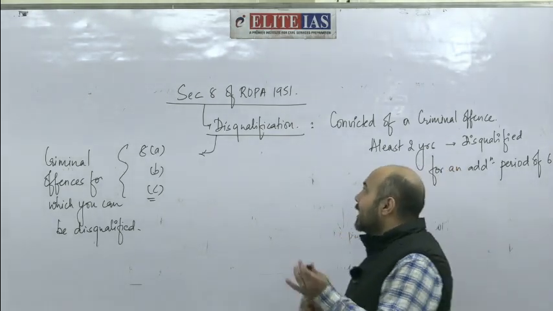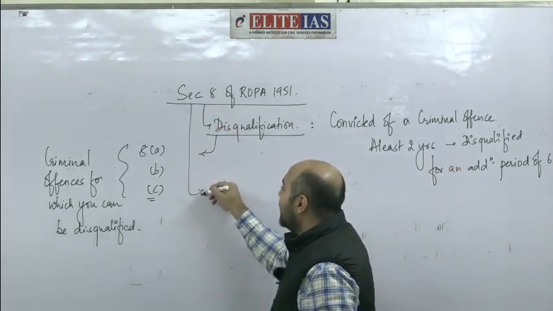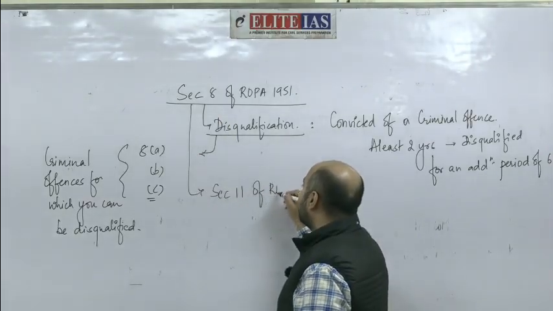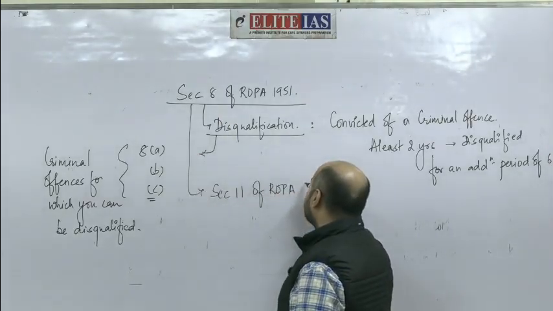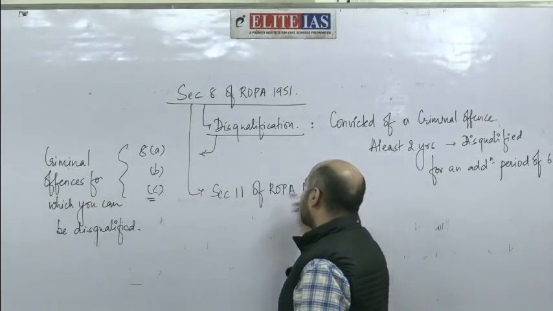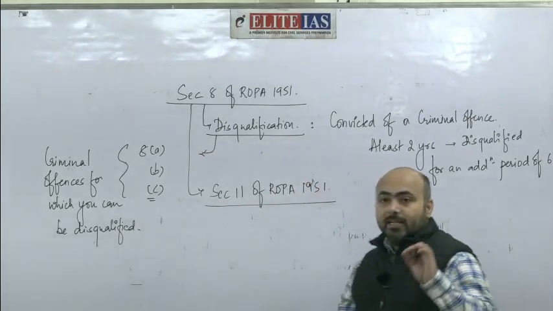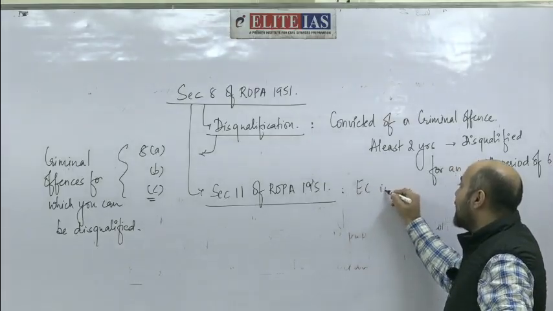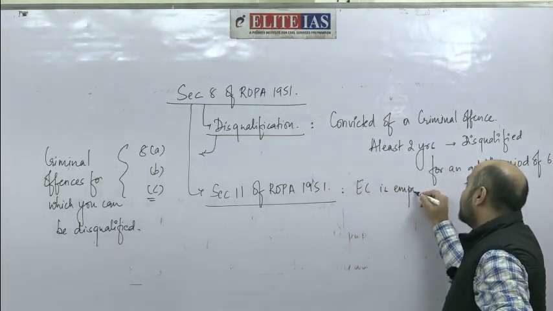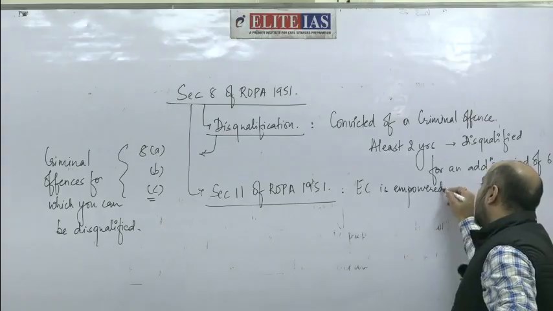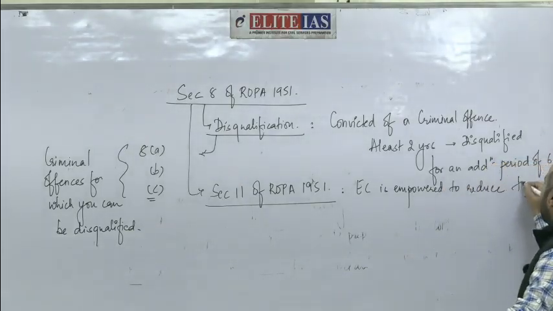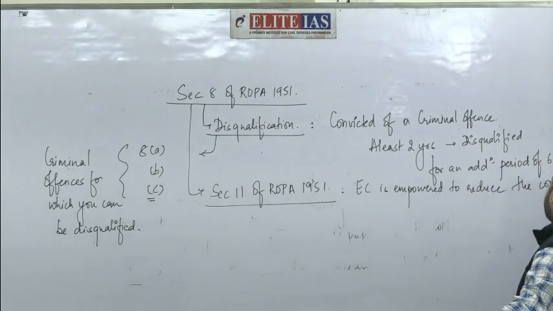But if you look at section 11 of the same law, section 11 of the law says that the election commission is empowered to reduce the cooling off period.